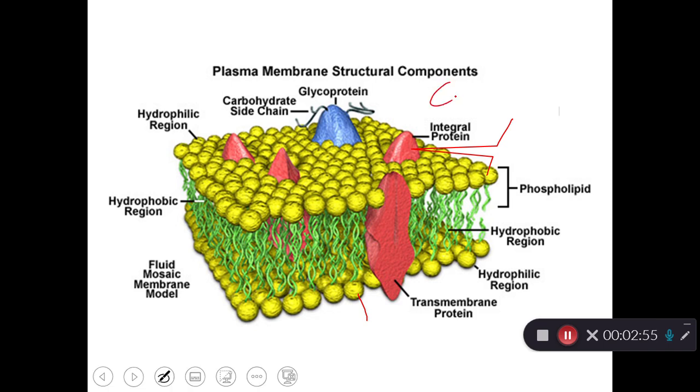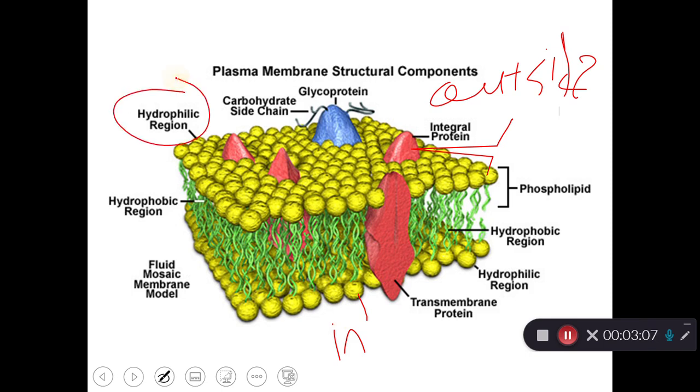So they are facing outside of the cell and inside of the cell. So they are hydrophilic because they face water. Like the cells are surrounded with water, and inside the cytoplasm of the cells also is water.